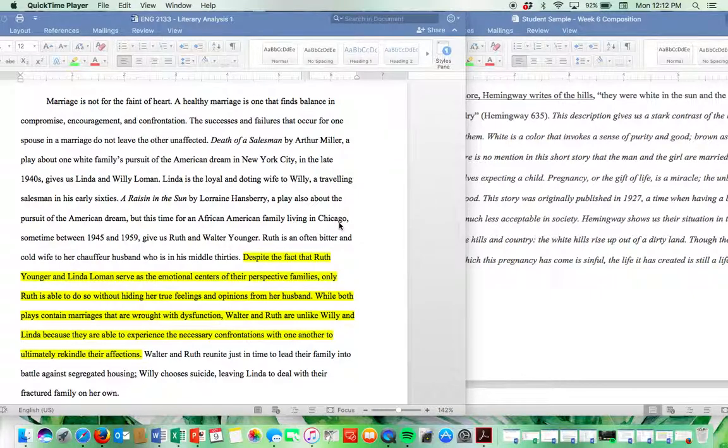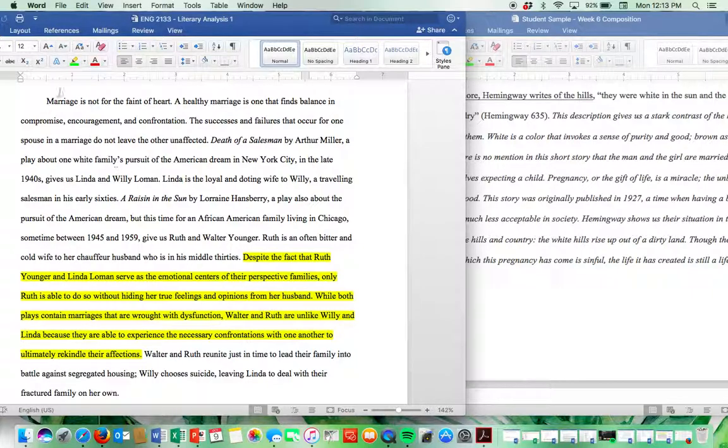So first of all, right here we've got our introductory paragraph. The first sentence starts broad, right? What we want to do when we start an introductory paragraph is start broad, and then gradually get narrower as the paragraph goes on, ending with a thesis, which is the most specific.